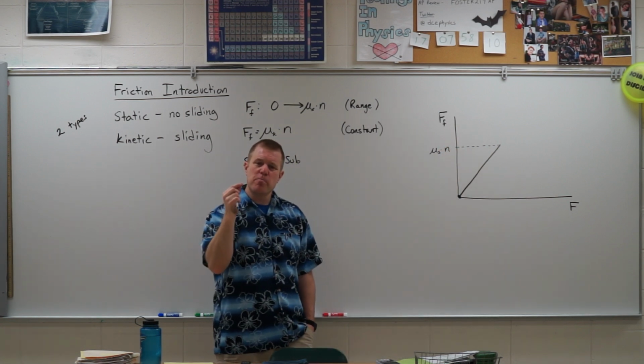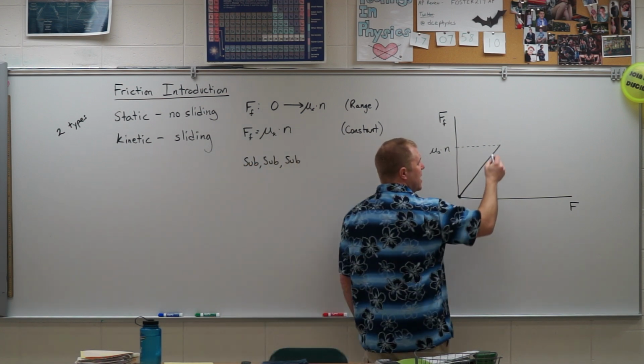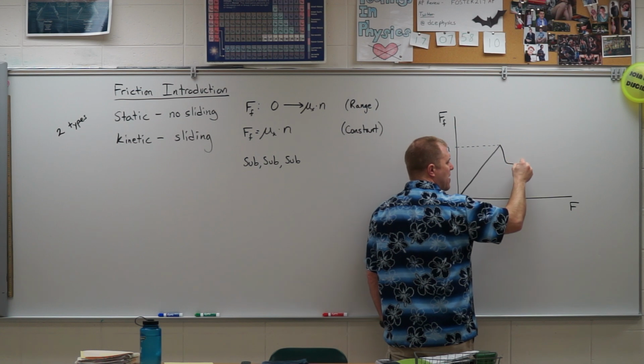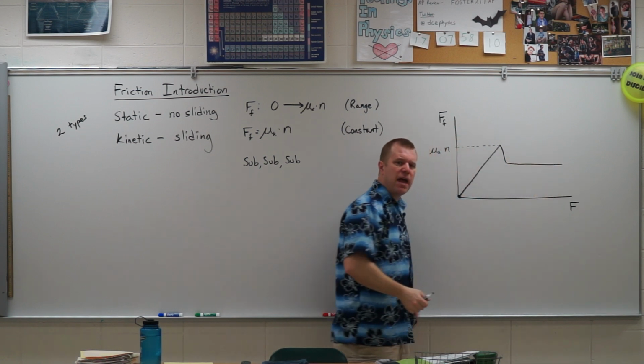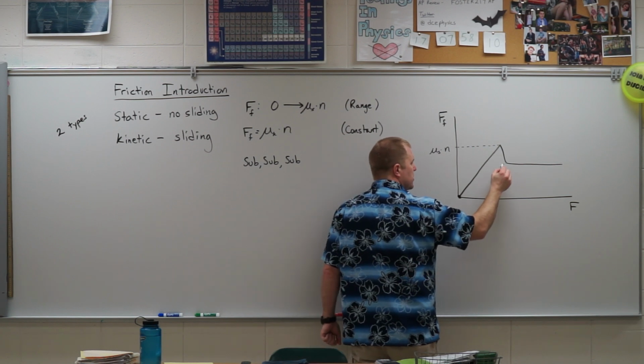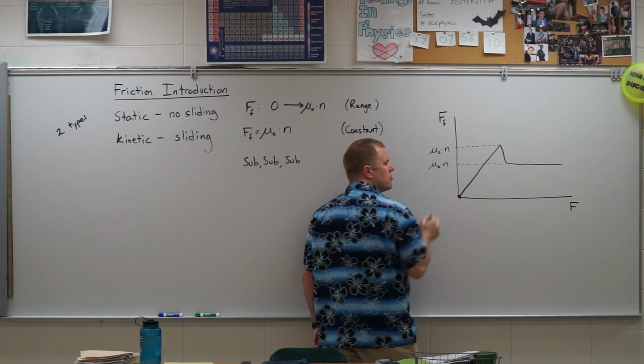And as soon as you pass that maximum force of static friction, it starts to move, and that force of friction drops, and then it just maintains. It doesn't matter how hard I'm pulling after that, that force of friction stays a constant mu sub k times normal force.